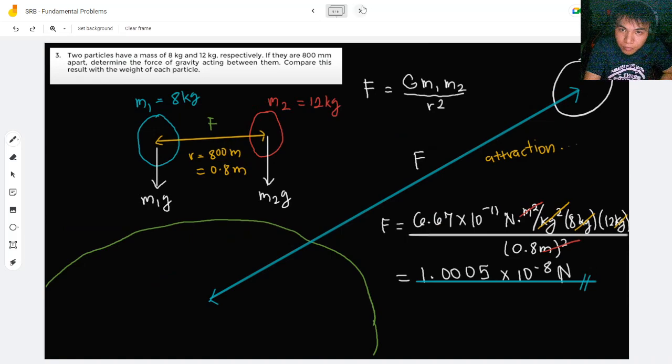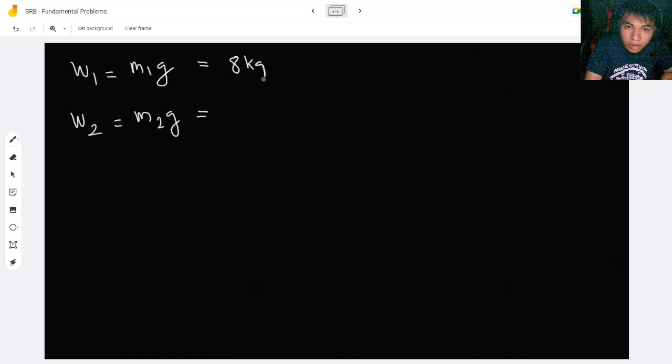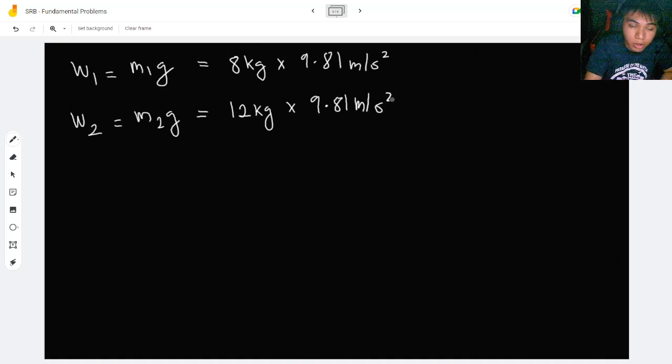Okay, and we can easily do that. Just substitute some values. So we have 8 kilograms times 9.81 meters per second squared, and this is 12 kilograms times 9.81 meters per second squared.